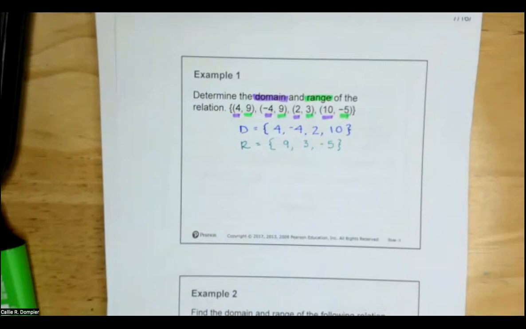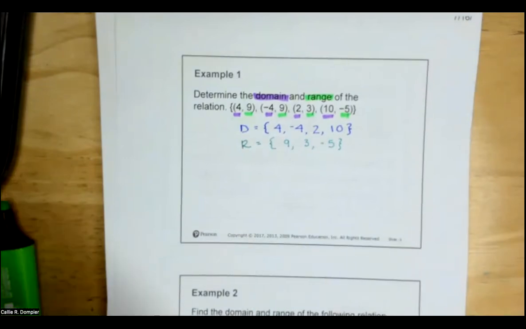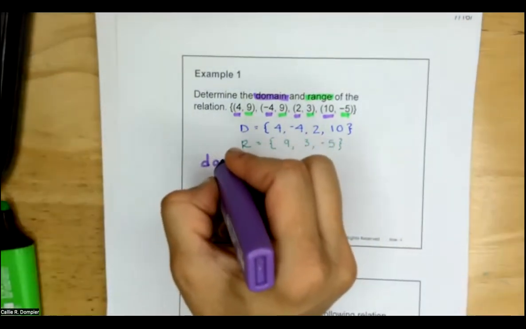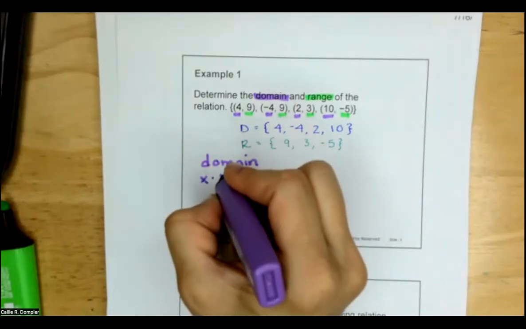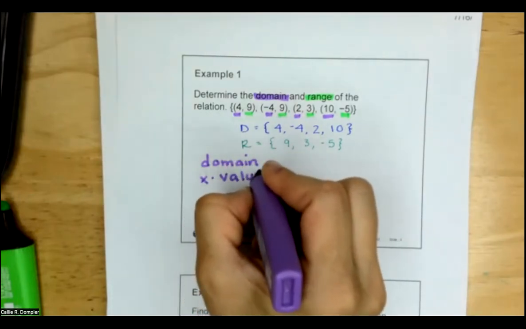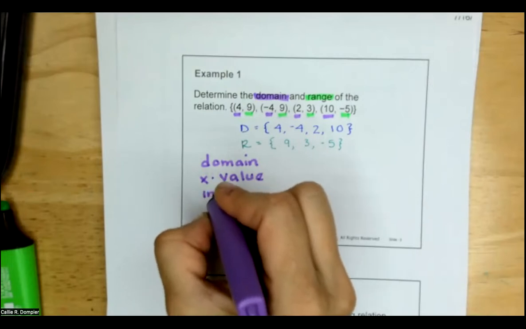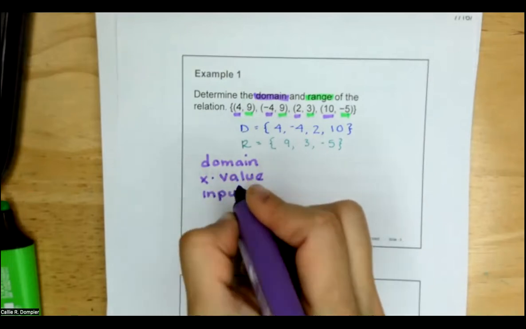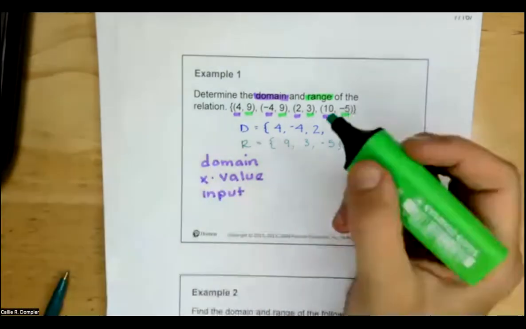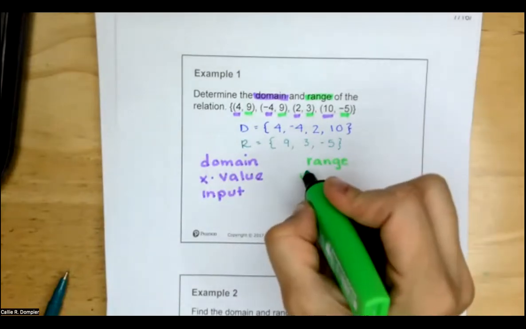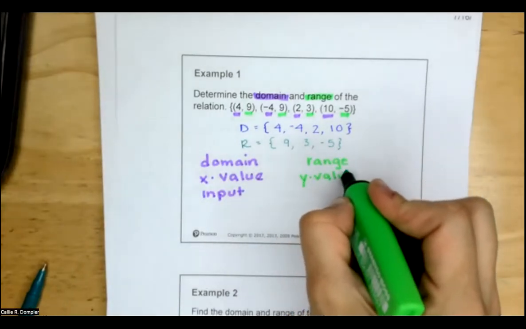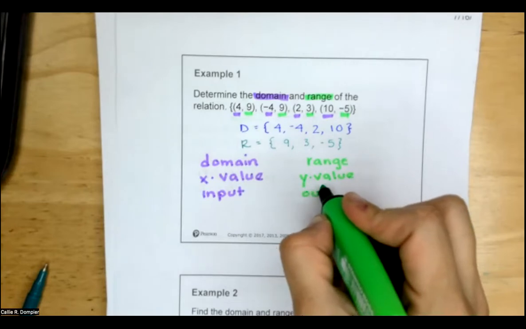Okay. Again, domain is your x value. It's also your input. Your range are your y values and your output.